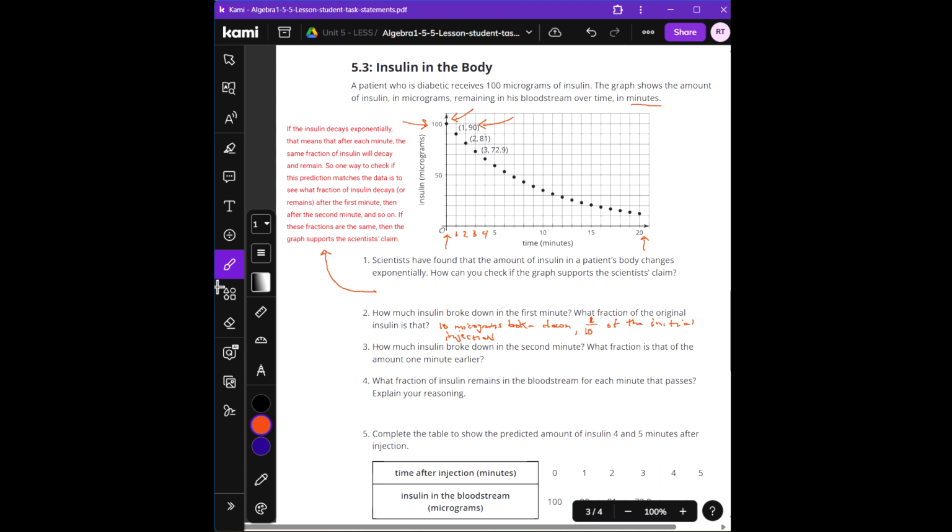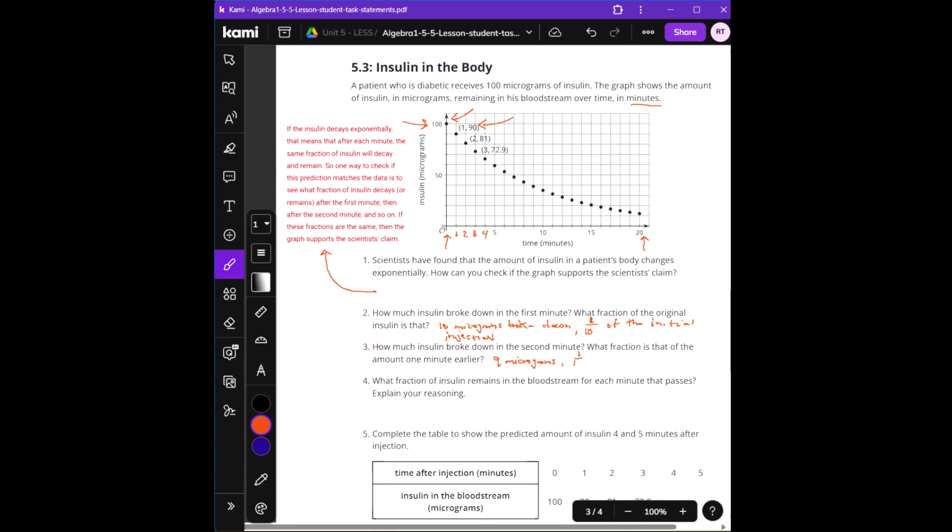Okay, so for the next one, we go from 90 to 81. So that's going to be 9 micrograms that broke down.